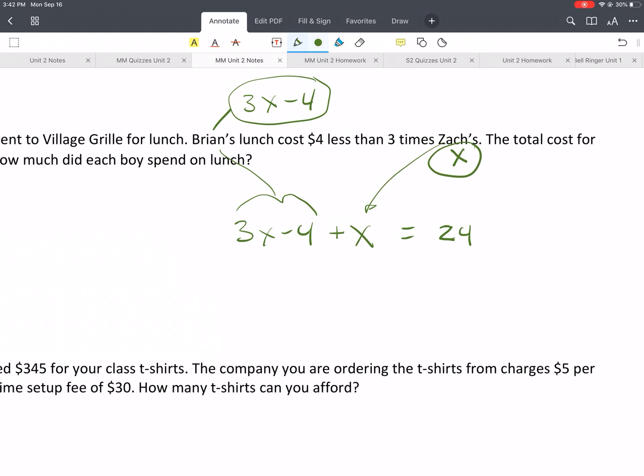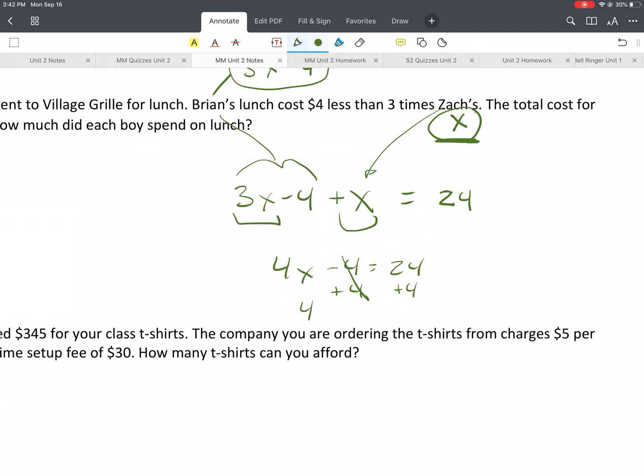Okay? So, first thing I would solve for x, because Zach's lunch cost is x. So we'd combine like terms. These are like terms, so that would give us 4x minus 4 equals 24. And then we still want to get x by itself, so we could add 4 to both sides.